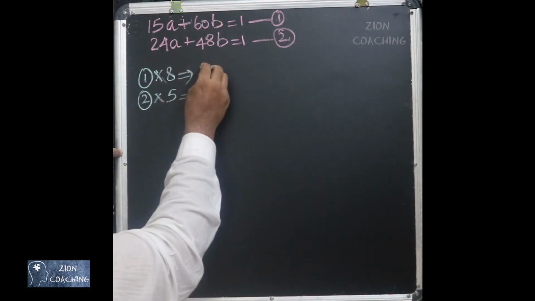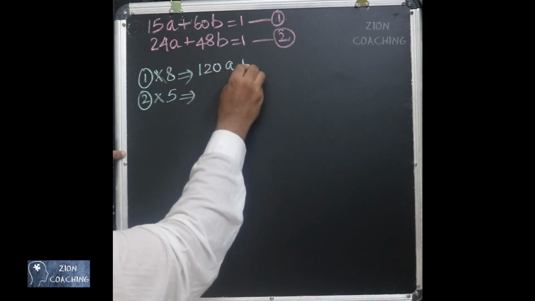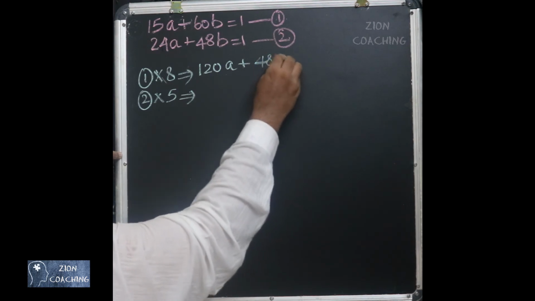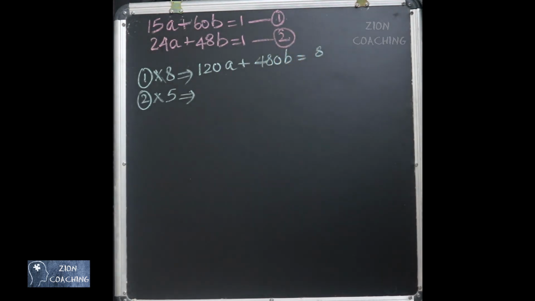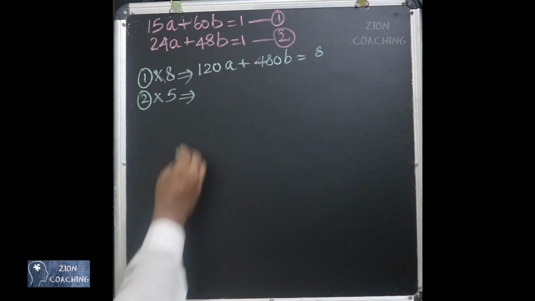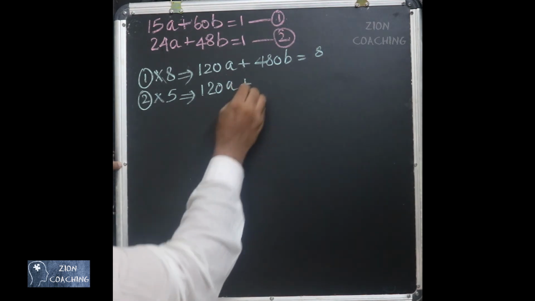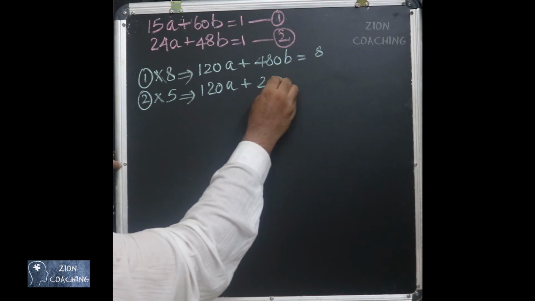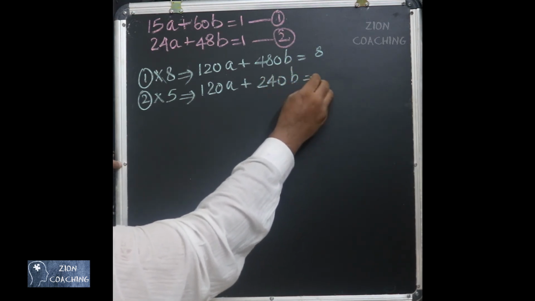So 15 into 8 is 120, 120a plus 8 6s are 48, so we have 480b equal to 8. Now second equation, 24 into 5 is 120a, 48 into 5 will be 240b equal to 5.